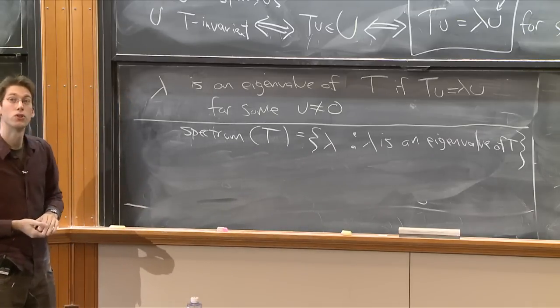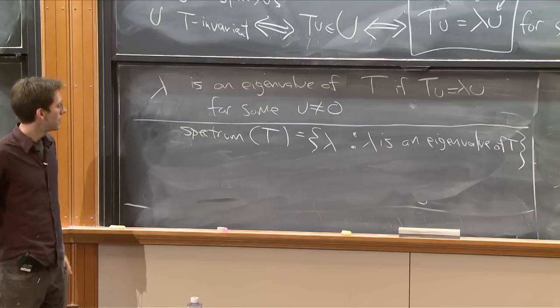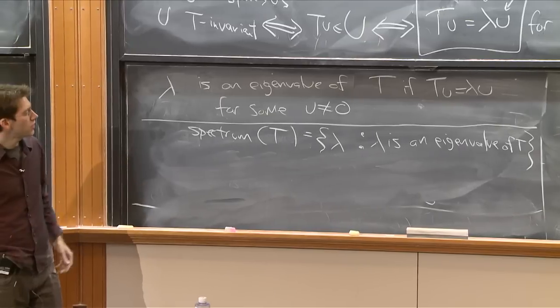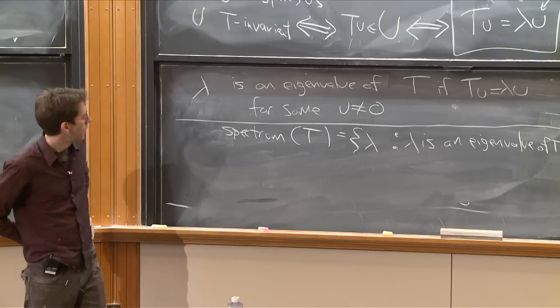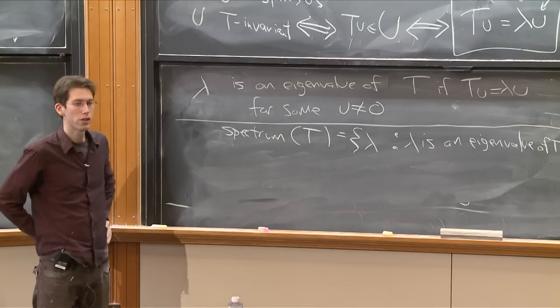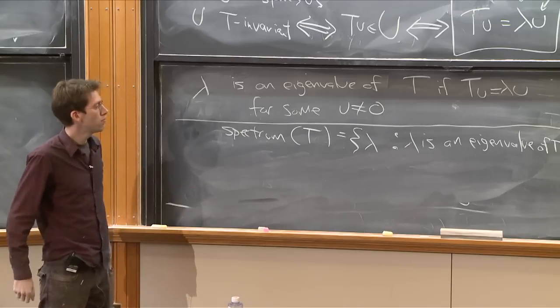I have only about 3 minutes left. So I think I will not finish the eigenvalue discussion, but I'll show you a few examples of how it's not always as nice as you might expect.